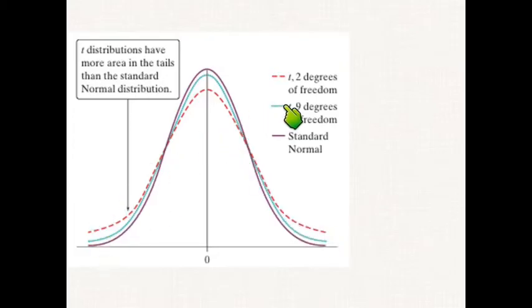And then the light blue one here, that's a t-distribution with 9 degrees of freedom. So it looks really similar to the normal curve, except you'll notice that the t-distributions are shorter and they have more area out here in the tails, right? So they're above the normal distribution out here. But otherwise, the shape of this thing is very similar to the normal distribution.